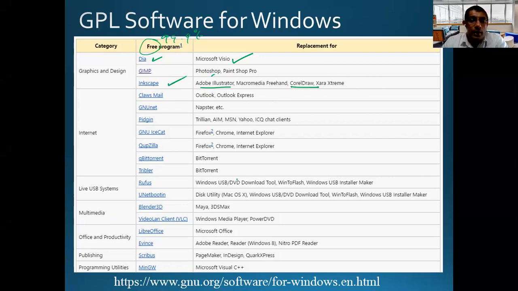I will not go one by one. Maya and 3ds Max are again very expensive software for people who are doing 3D work, so Blender 3D is there. For Microsoft Office, there is LibreOffice, OpenOffice, and quite a few others, StarOffice. It's not the same as Microsoft Office, but you can use it if you have a licensing issue.